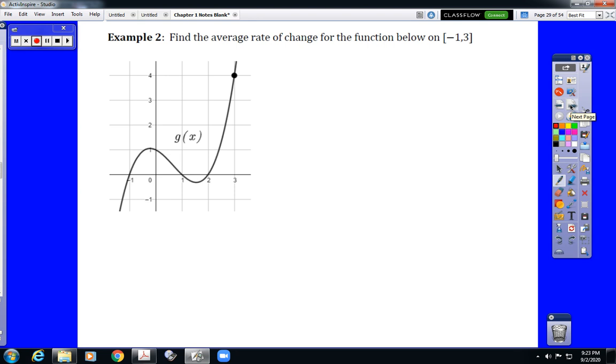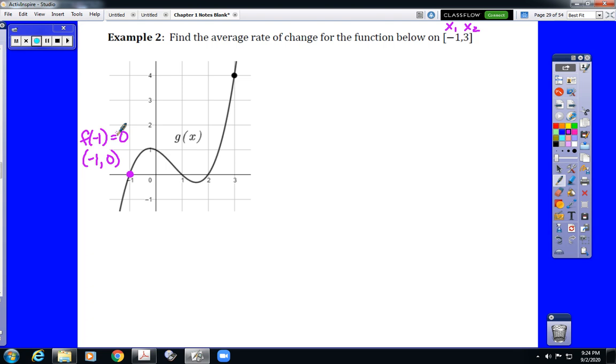We can do the same thing from a graph, okay? And we don't need to stress about this. You are fully capable of doing this. Again, our interval is giving us our x values, our domain values. So we have x1 and x2. We look to see where on the graph those points are. When x is -1, we are at -1, 0, because f of -1 is equal to 0.